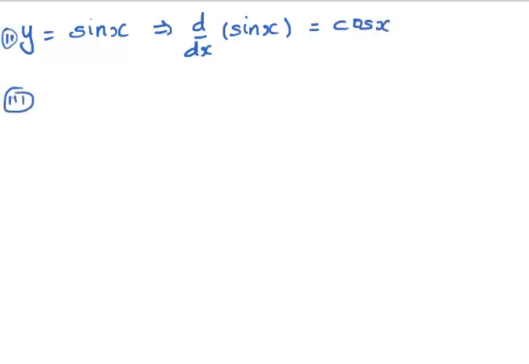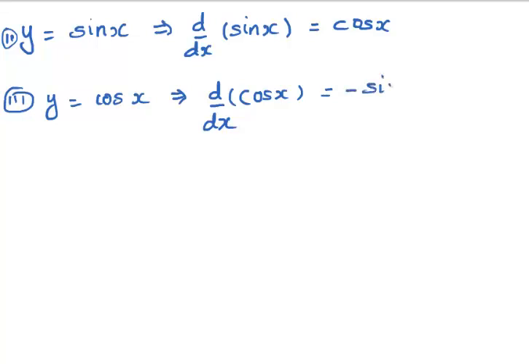Third formula that you have to remember: if y is equal to cos of x, then d by dx of cos of x is equal to minus of sin x. Right now you need to memorize these formulas as they come and use them directly.